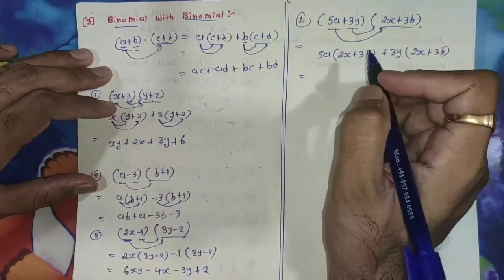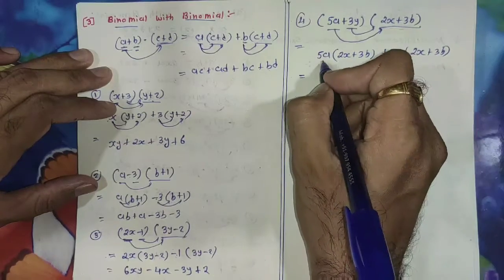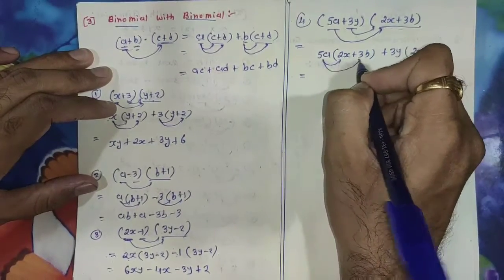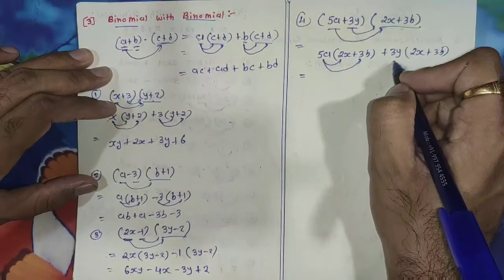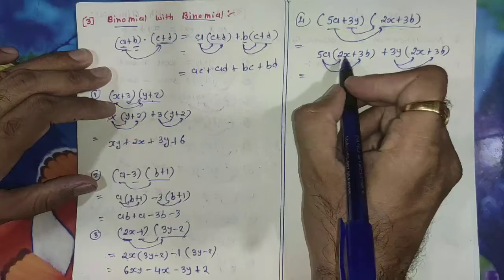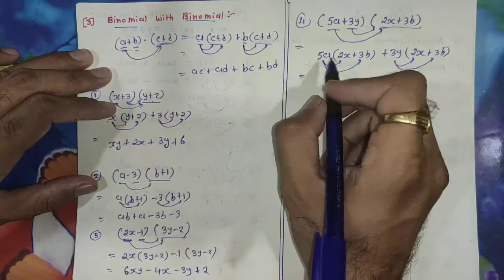Clear students? Now it's a monomial with binomial. So first term 5a with the 2x, again 5a with the 3b. You have to multiply this 3y with 2x, then 3y with 3b. So what is the multiplication of 5 and 2x?